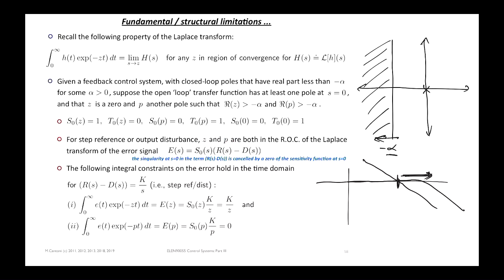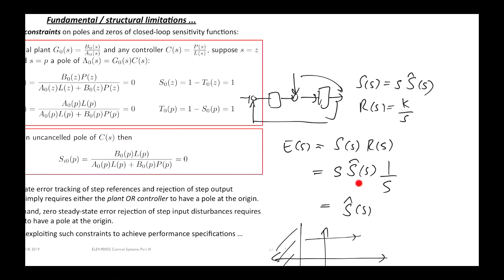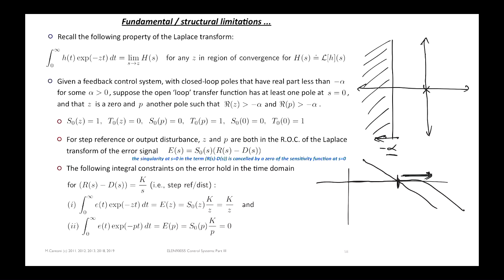These interpolation constraints make sure that z and p are in the region of convergence for the Laplace transform of the error signal. Because by virtue of this, we know that this transfer function has a factor s that can be pulled out of the front. So when this signal here is a step, we're just left with the S hat that we saw on this previous slide, which by virtue of this assumption is well defined everywhere to the right of this line.